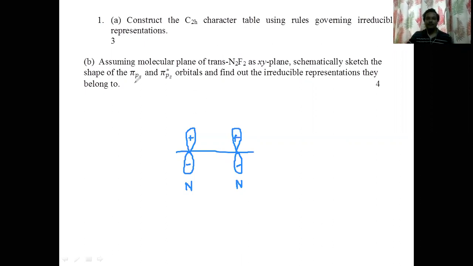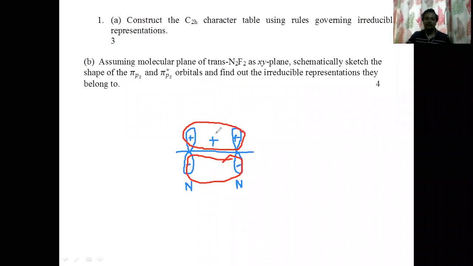Okay. So now this pi PZ is going to be the plus combination. If I do the plus combination, then plus plus will remain plus, so they will make a lobe like this, and this minus minus they will make another lobe. It's going to be exactly symmetric like that.